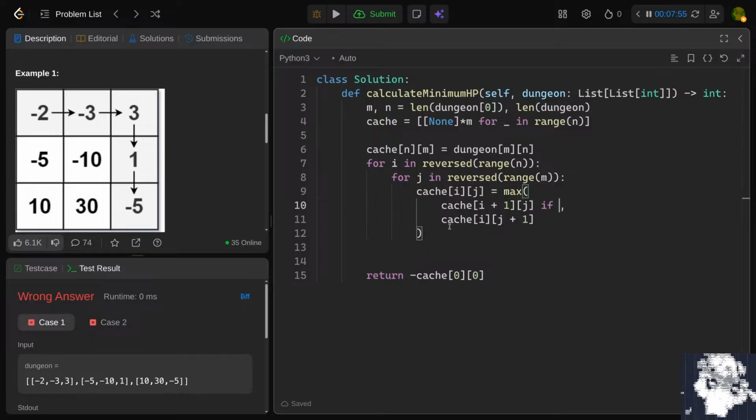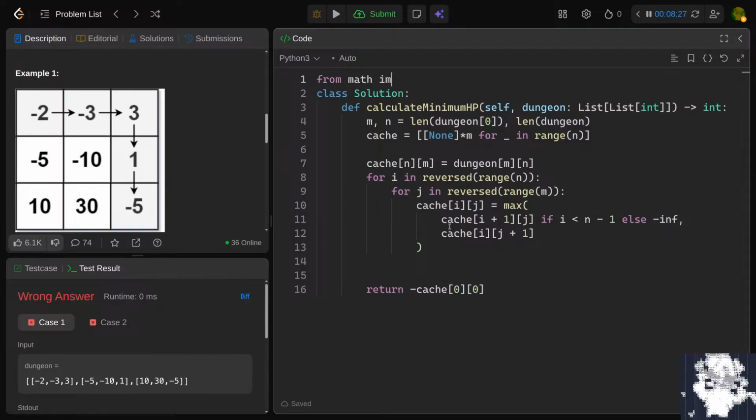And then this is if i is less than n minus 1, right? Because you can't index into n. So if it's this, otherwise, let's just say negative infinity.